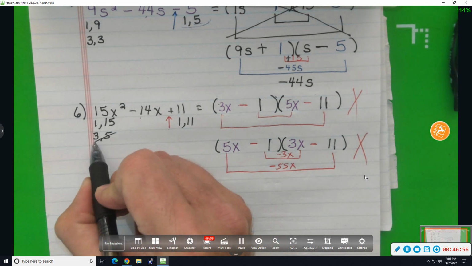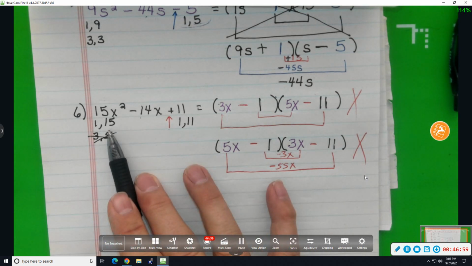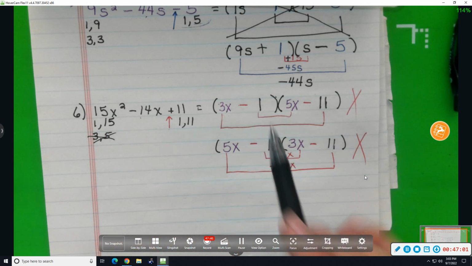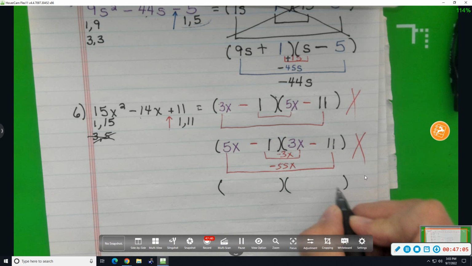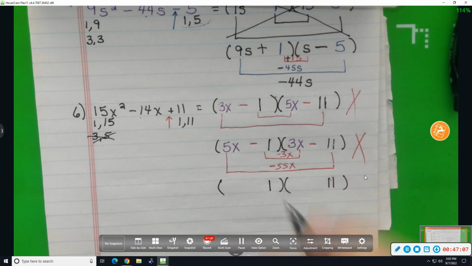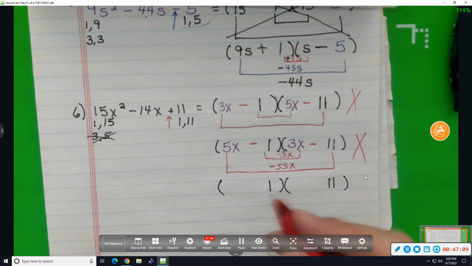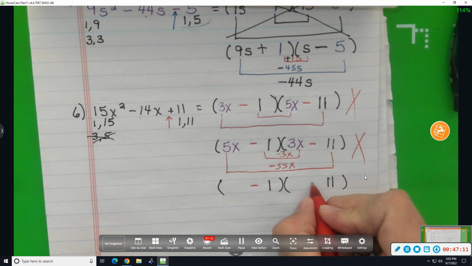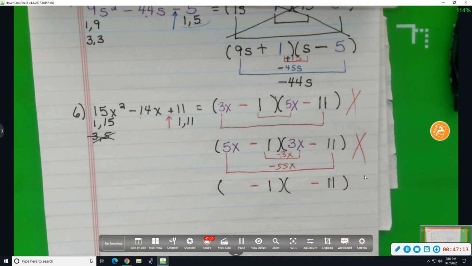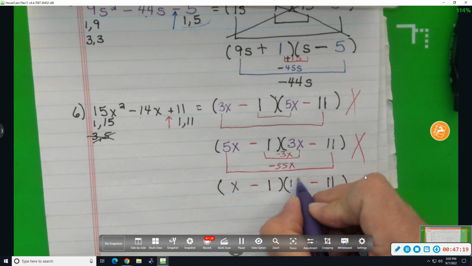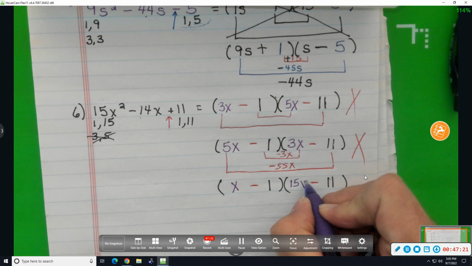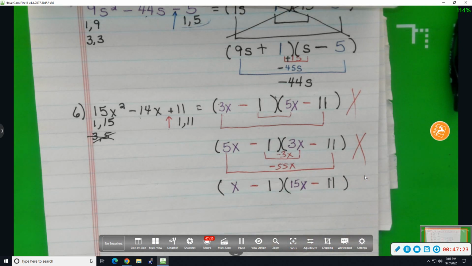So I'm going to do the same thing now with the 1 and 15. I'm going to leave the 1 and 11 where they are. And I'll try 1x times 15x. So I'm beginning to think that we might have encountered one that can't be factored.